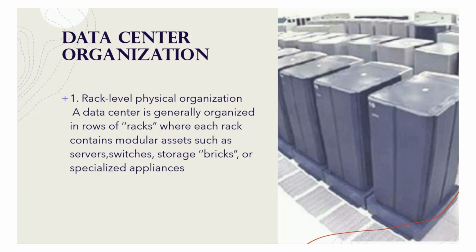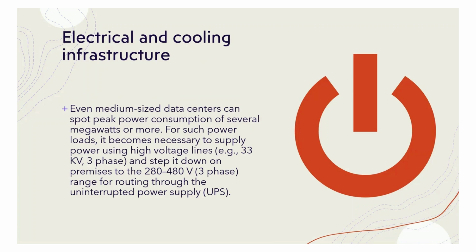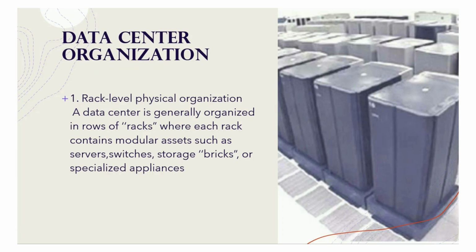In the organization of a data center, we have number one, which is the rack level physical organization. In the data center, we have a rack system, which you can see in the picture. The data center is generally organized in rows of racks. You can see on the screen where each rack contains a modular set such as servers.